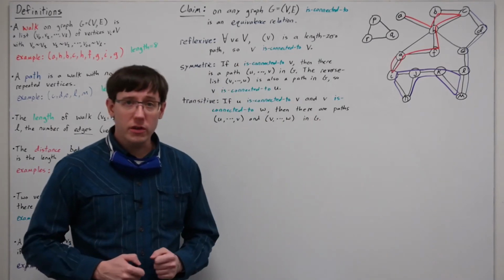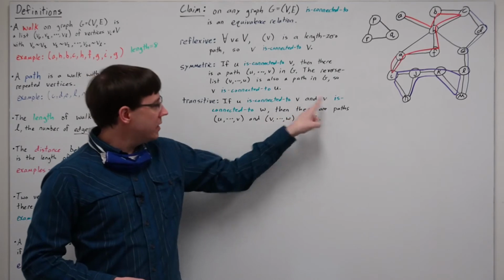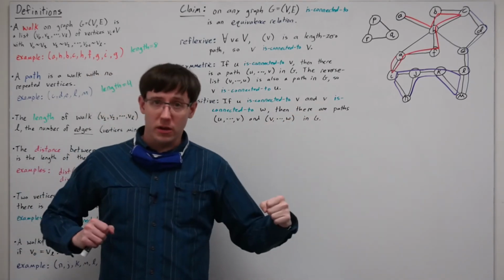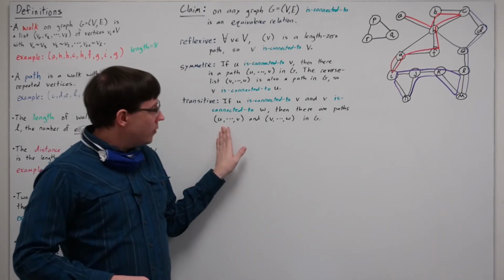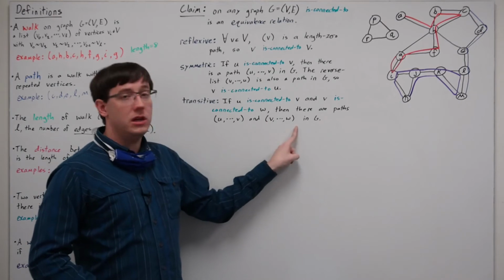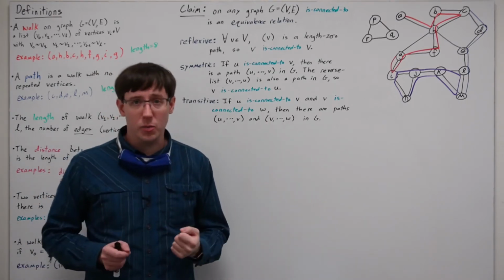Finally, to show transitivity, we need to argue that if U is connected to V and V is connected to W, then U is connected to W. And so, from the presence of paths U to V and V to W in the graph, we can think about concatenating those paths.